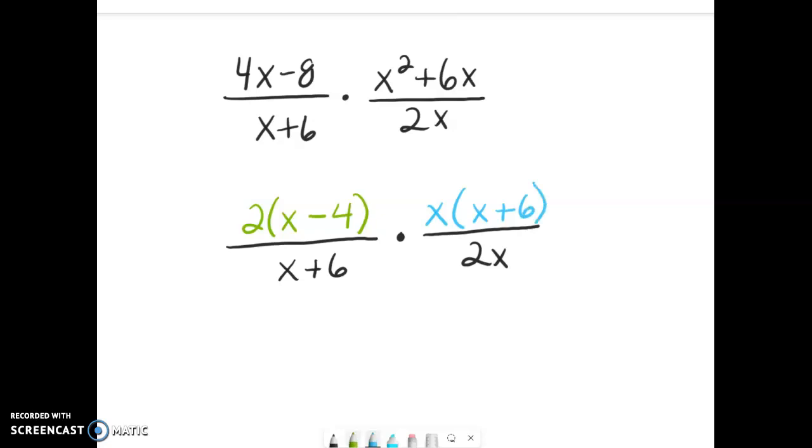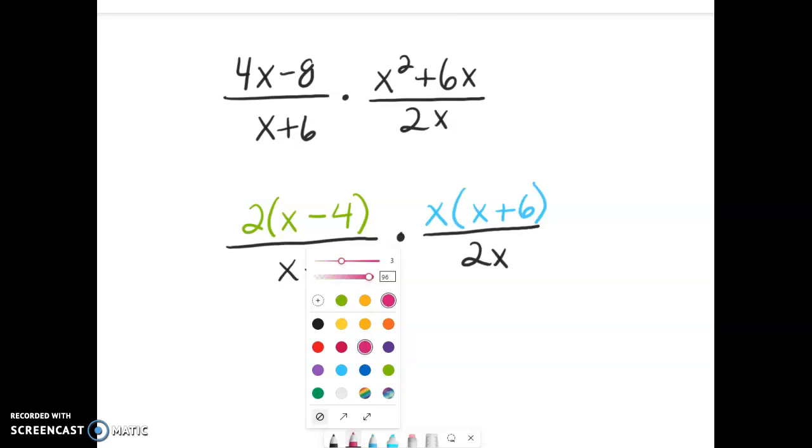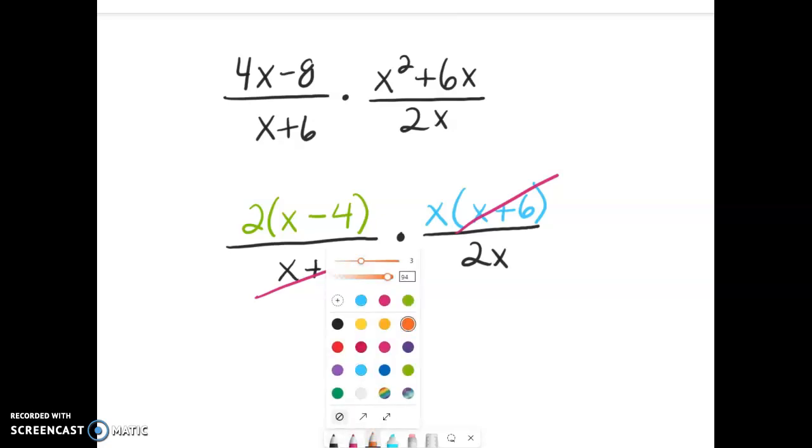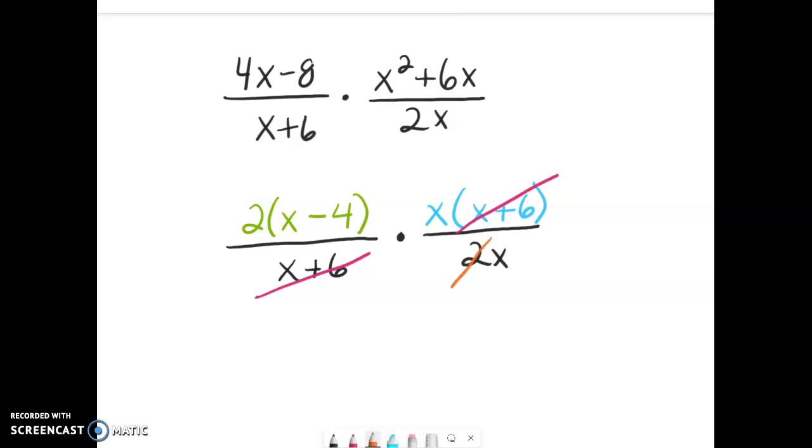And then I see, oh wait, here I have x plus 6 in the numerator, and I have x plus 6 in the denominator. Those would divide out. Let's see what else I can divide out. I have a 2 here and a 2 here that would divide out.